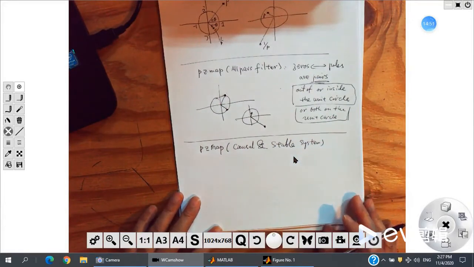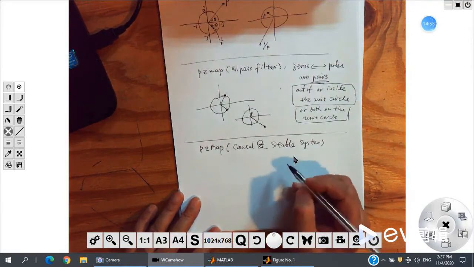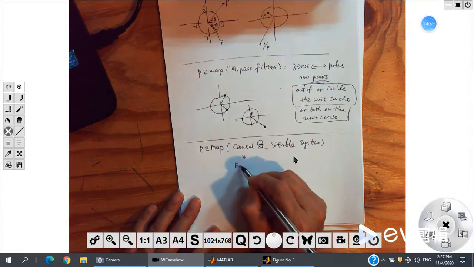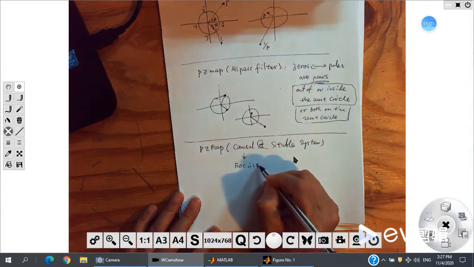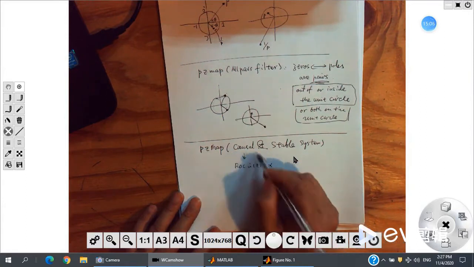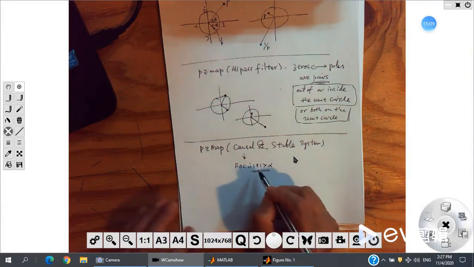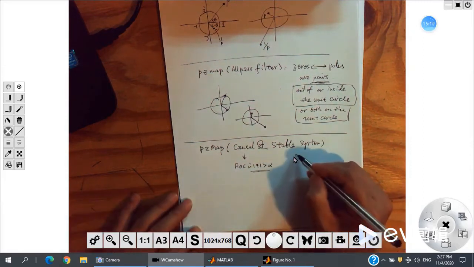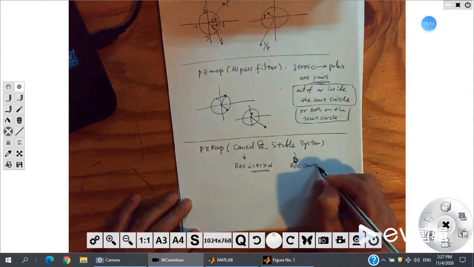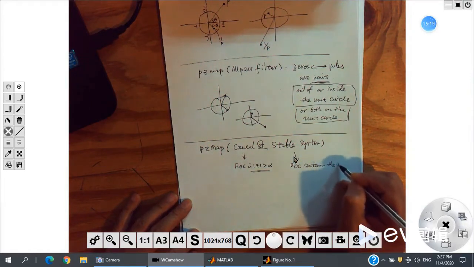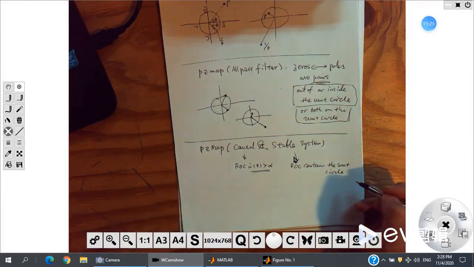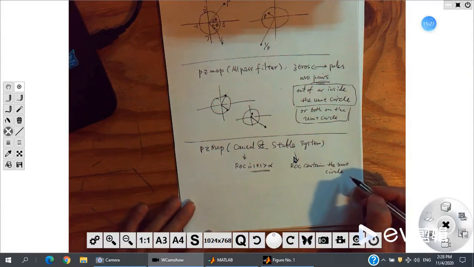For this one what will happen? This one will be like this. It is causal. Causal means ROC is z larger than some number, right? This is ROC. For causal case, the ROC must be z larger than some alpha. And for stable, ROC contains the unit circle. So what will be the ROC now?